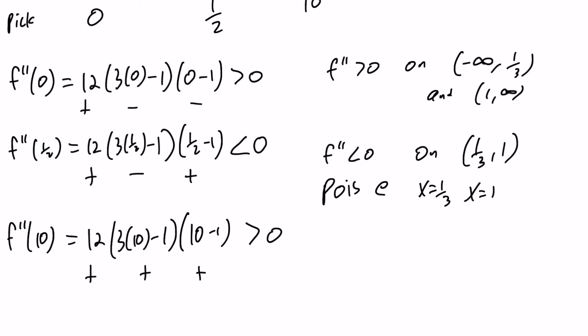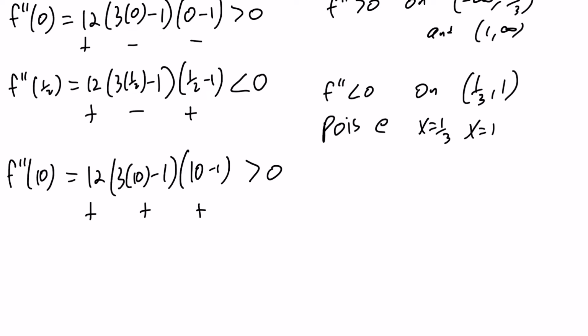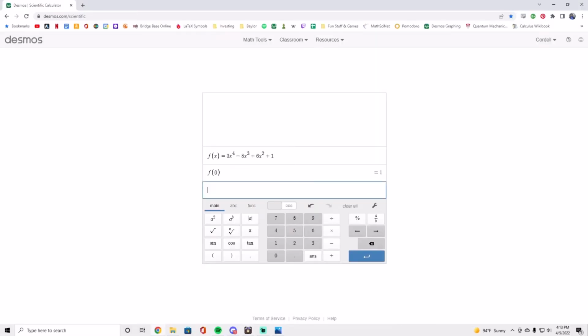Okay, just like with our critical points, we're going to want the x, y values. So we're going to plug these into the original function. Again, let me flip back to this calculator because I already have this pulled up. F of 1 is 2, and then f of 1/3 is 1.41-ish.